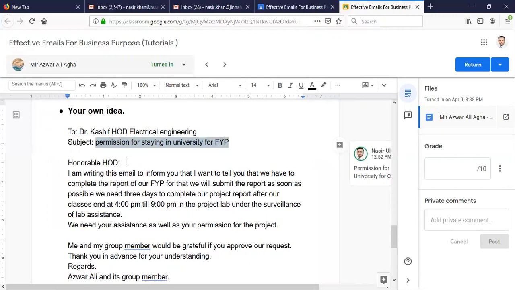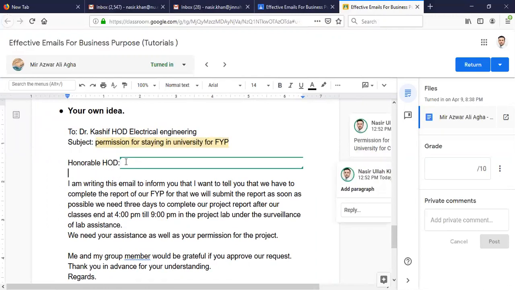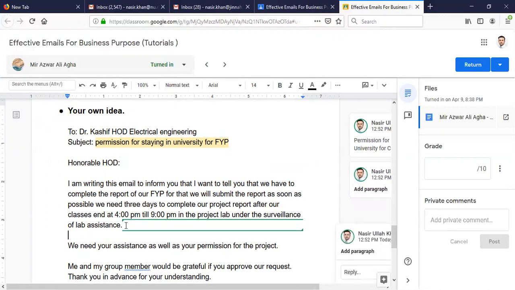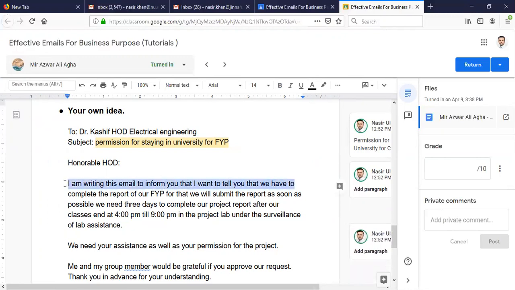Then, Honorable Head of the Department, you need to bring some spaces here. These spaces are highly important; this is called formatting. Next: I'm writing this email to inform you that I want to tell you. A lot of repetition is there in the first line. You're saying I am writing this email to inform you, then you're saying I want to tell you.